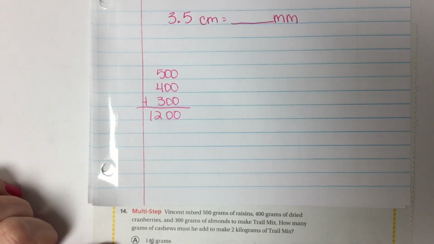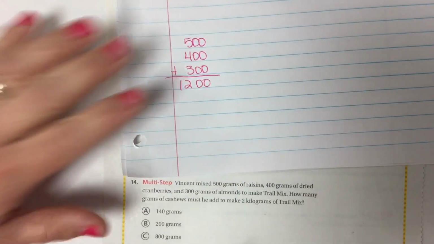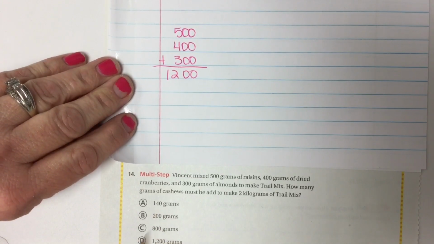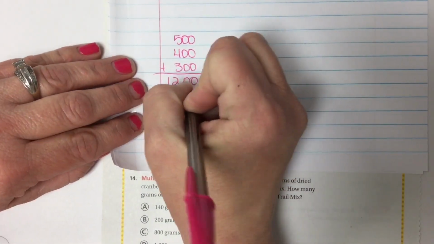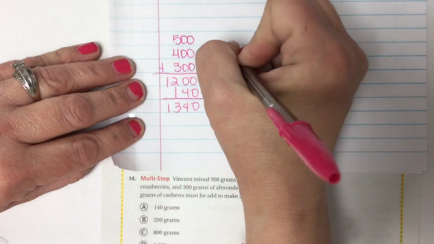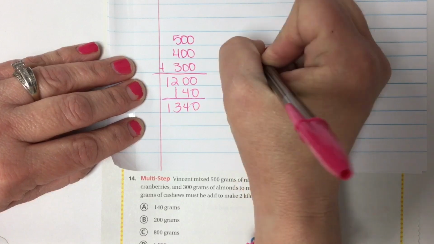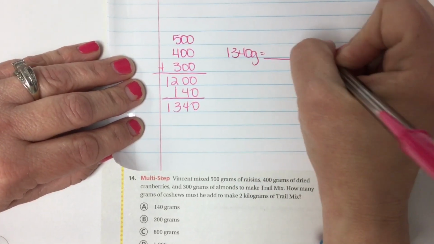So we're just going to start with each one. So I'm going to start with 140. So I'm going to take the 1,200 that I have, and I'm going to add 140. So I've got 1,340 grams, and I want to know how many kilograms.